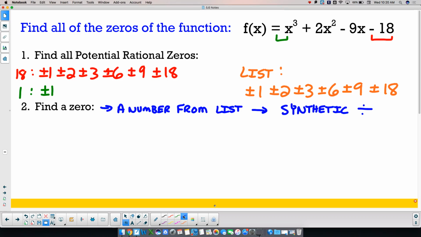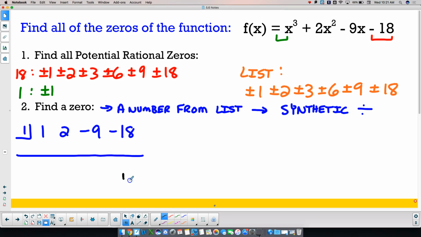We're going to pick a number, divide it in, and if we divide it in right, we're going to get a 0 at the end of it. And then we know it's a 0. So let's try 1. I'm going to synthetically divide 1 into 1x cubed plus 2x squared minus 9x minus 18. And if 1 is a 0, then this number down here will be 0.